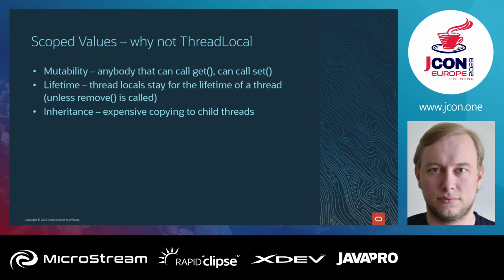Because, for example, if there is some security context and you can rewrite it from any place of your application, it's kind of a security issue. So be really mindful where you are using the thread locals in general, and once this scoped value stuff is released, consider updating to this.